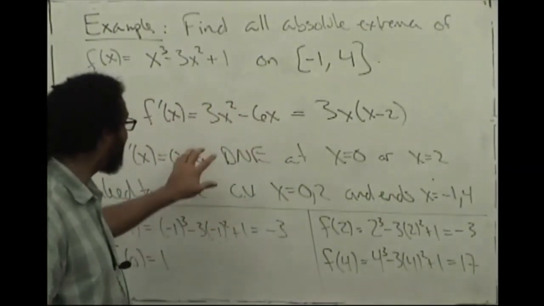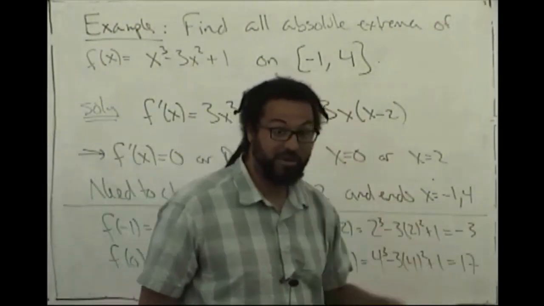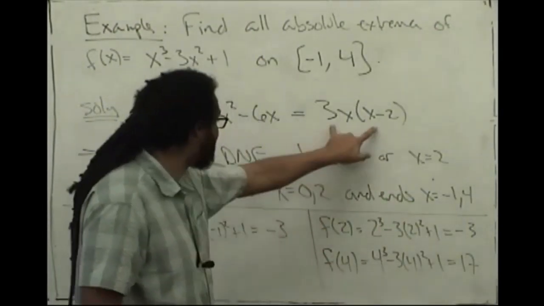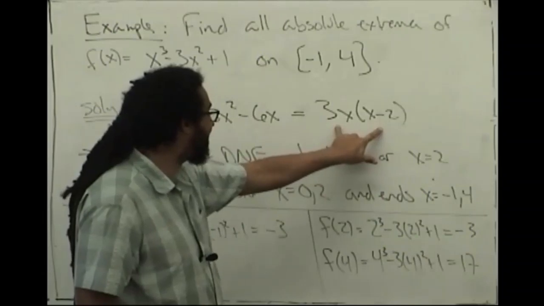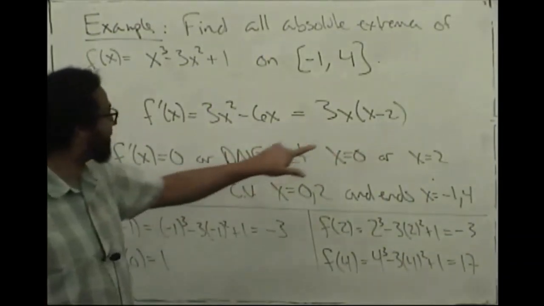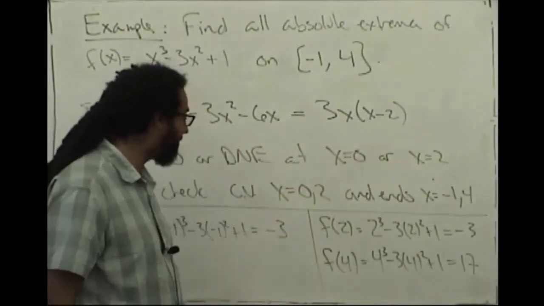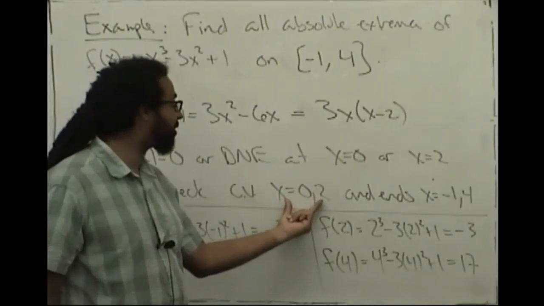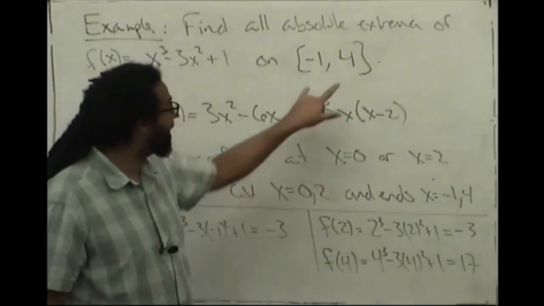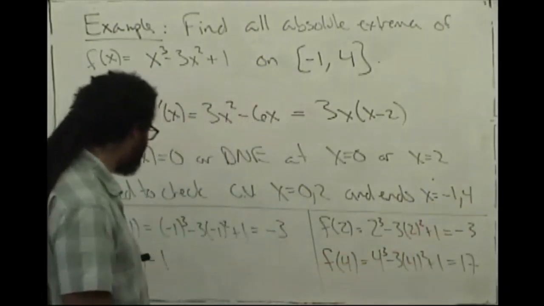There's not going to be anywhere where the derivative is undefined. So what we need to check is where the derivative is equal to 0. So set this equal to 0 once you find the derivative. That says that x is equal to 0 or x is equal to 2. So here are two critical values that we need to check. And then we also need to check the endpoints, -1 and 4.